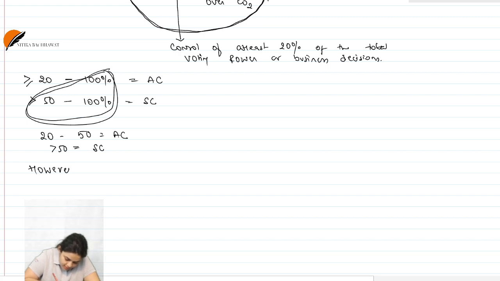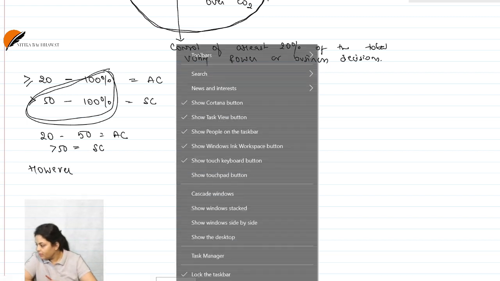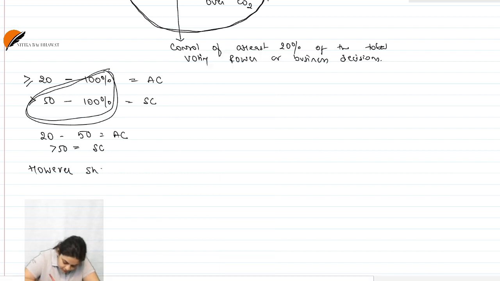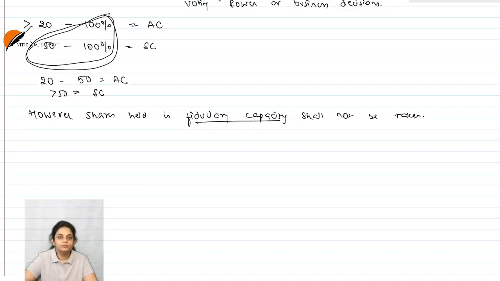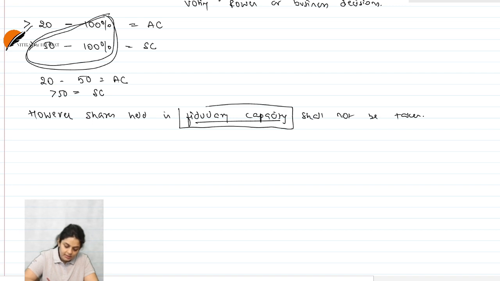One last thing here before this topic is over. However, shares held in fiduciary capacity shall not be taken. Now, what do I mean by this?